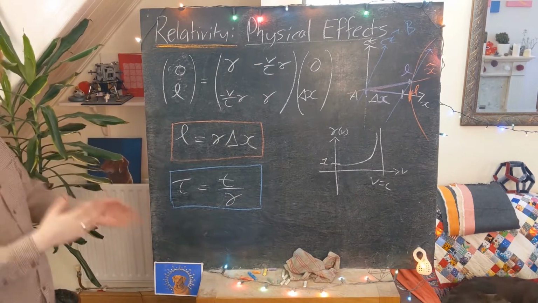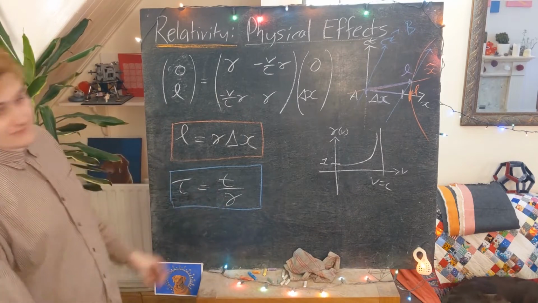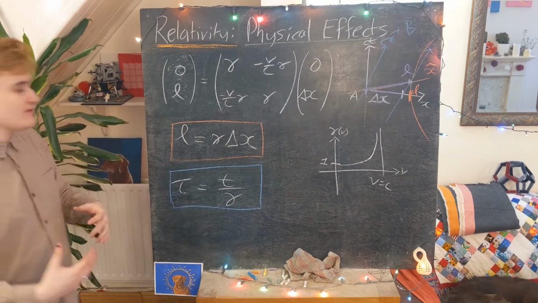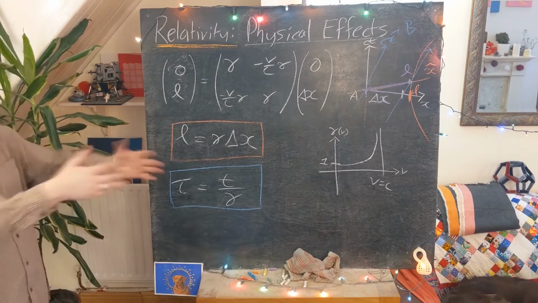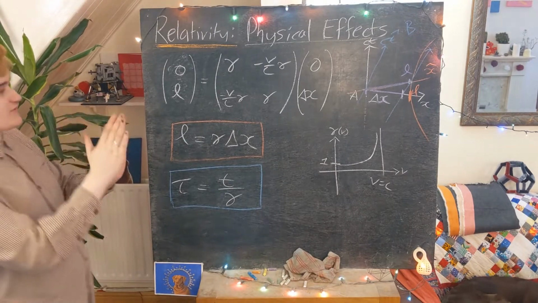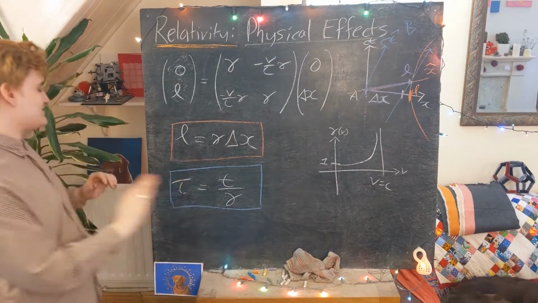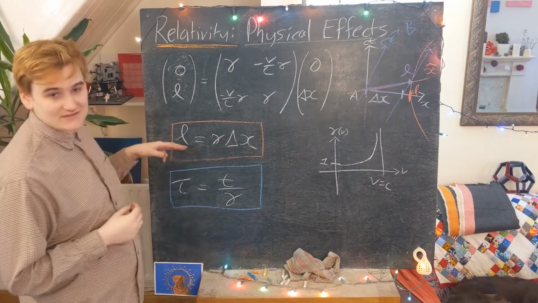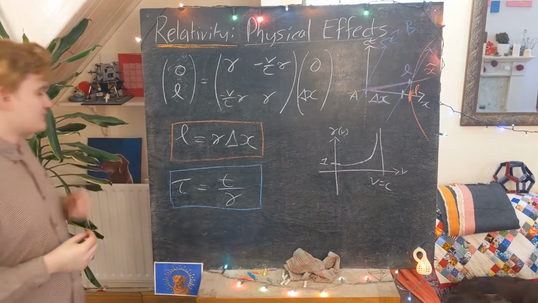But how you would view that rod as a mere observer, someone who's just assigning coordinate values to the positions where they saw the rod in their frame, is a weaker notion than the actual fundamental physical proper length.